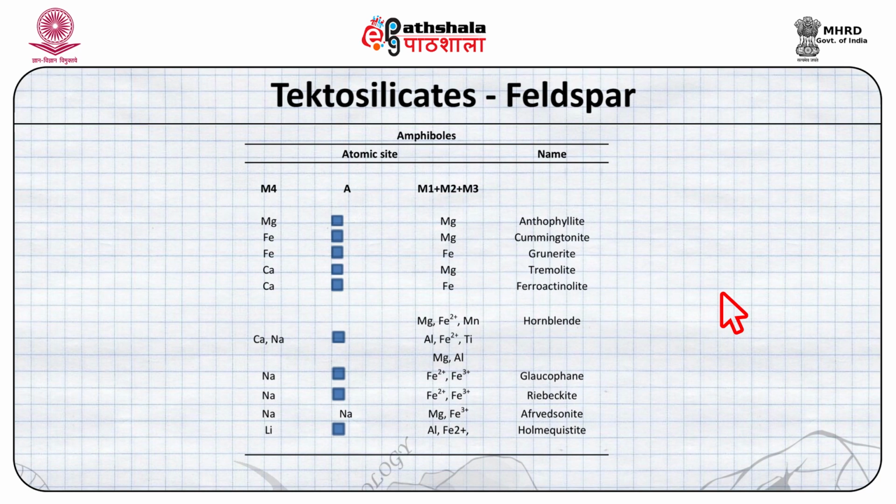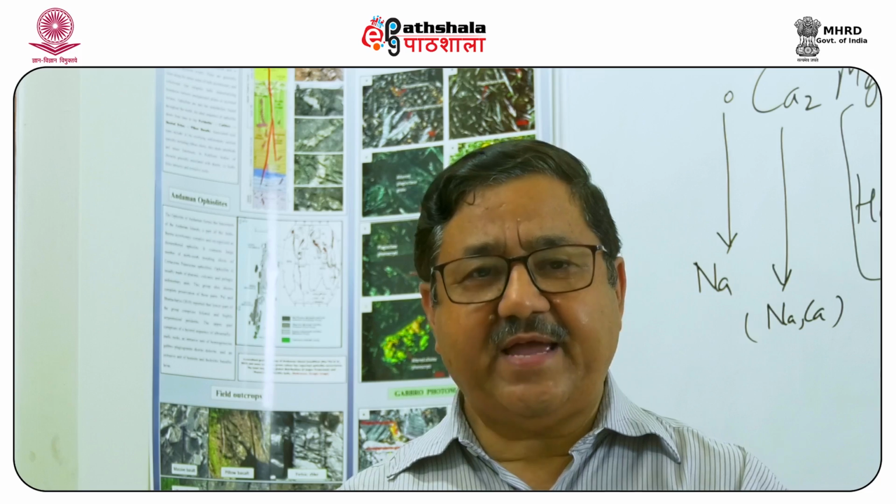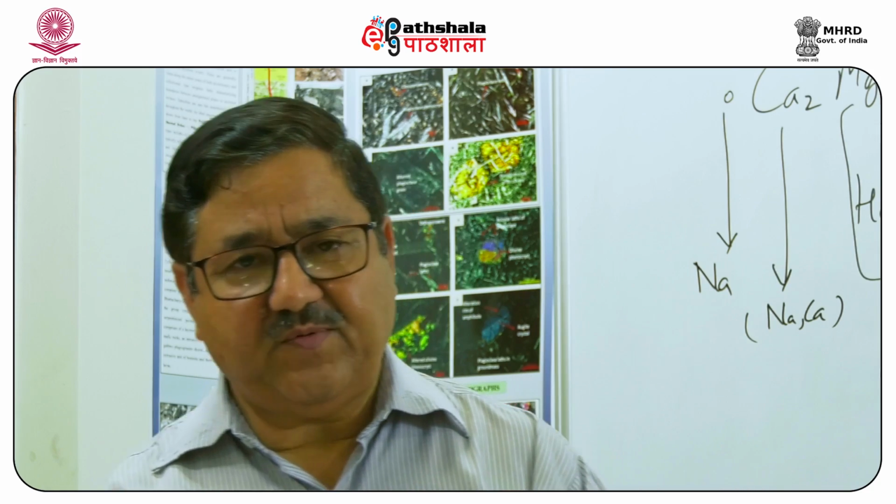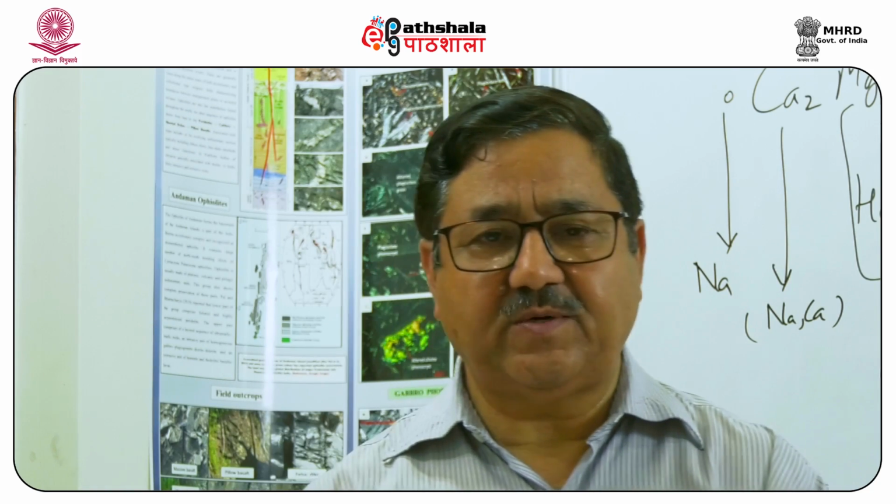In arfvedsonite, which is a sodium amphibole, the A site also has a significant amount of sodium, and there are some lithium amphiboles in which the lithium occupies the A site. So, we see that there is significant variation in the amphibole composition as well as amphibole structure.